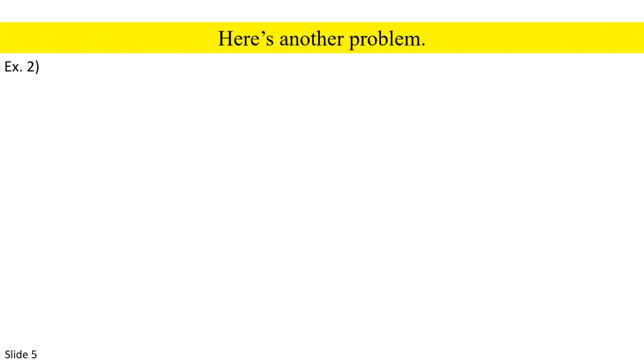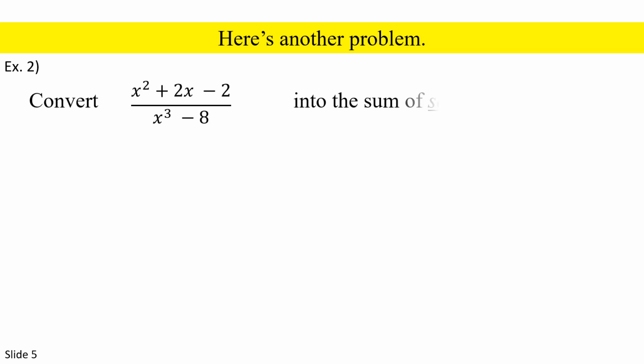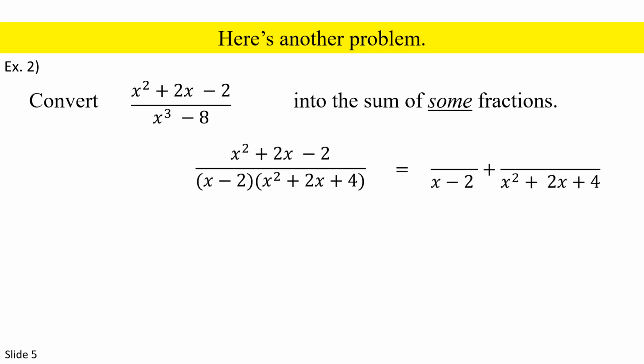Here's another problem. Example 2. Let's convert x squared plus 2x minus 2 over x cubed minus 8 into the sum of some fractions. Factor the denominator. We've got a difference of two cubes, so we end up with x minus 2 times x squared plus 2x plus 4.